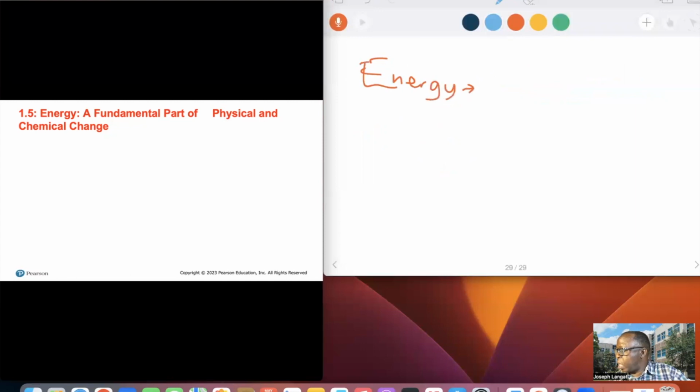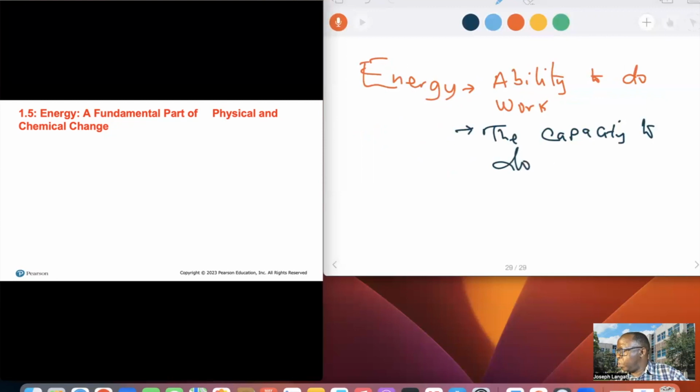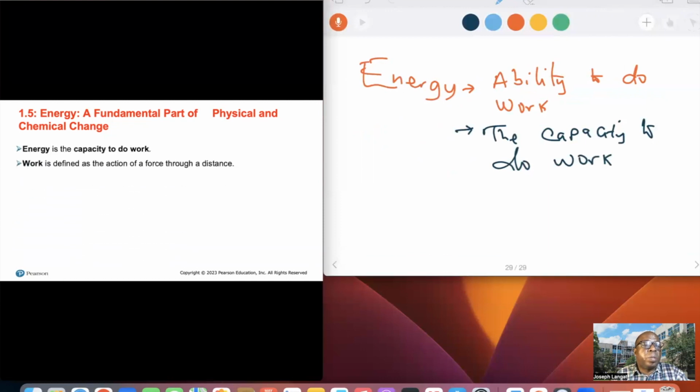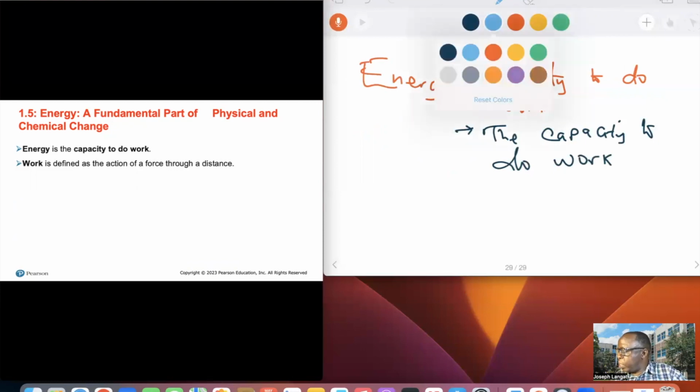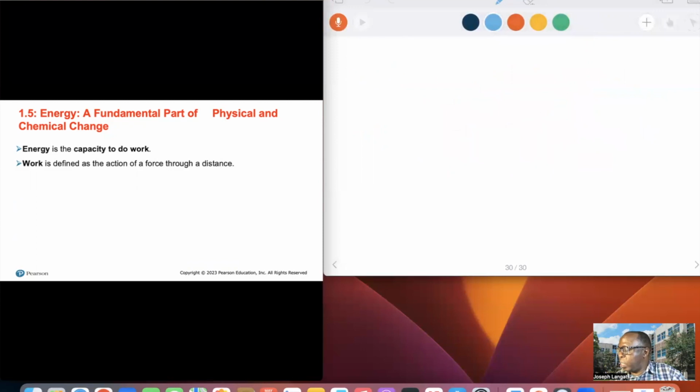It's defined as the ability to do work, or energy is the capacity to do work, or ability to do work.